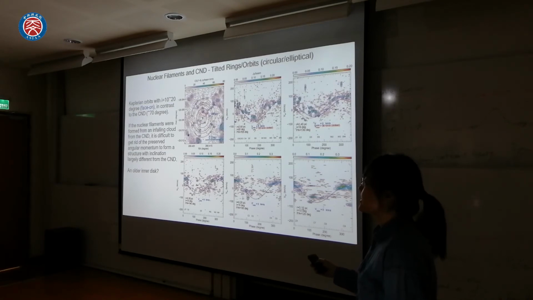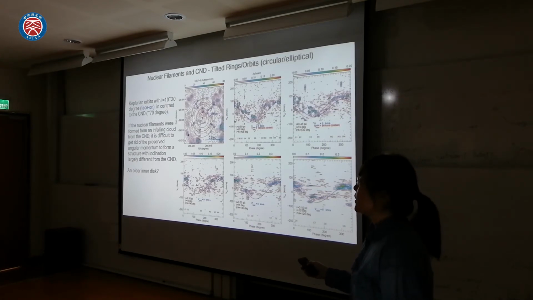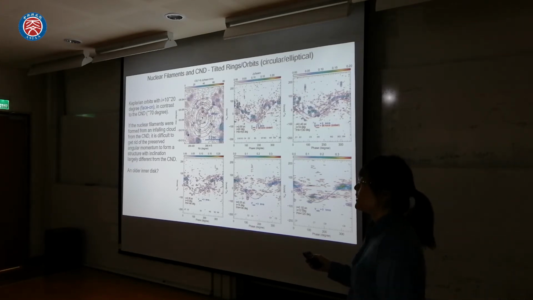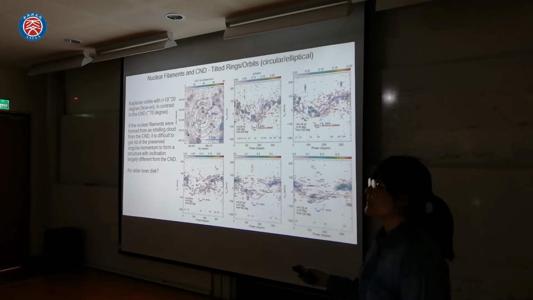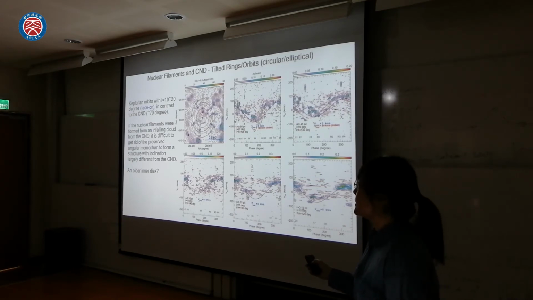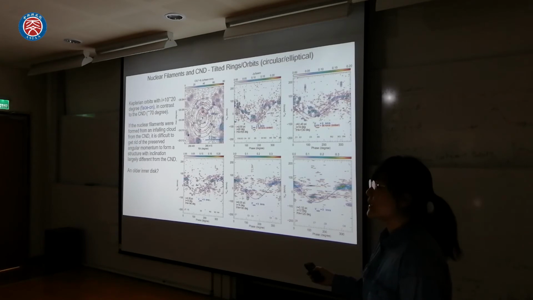It has a relatively face-on structure with very low inclination, 10 to 20 degrees. But the CND is highly inclined, 70 degrees. So this raises the question of how we get rid of the angular momentum, with such a different inclination, from the CND to the central parsec in a short time scale. It is a few thousand years. So this is apparently impossible.